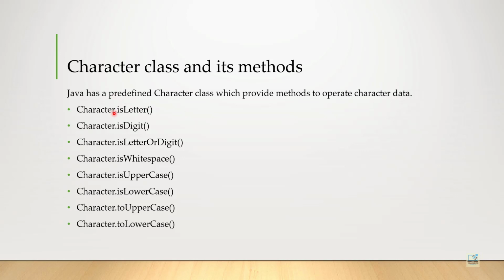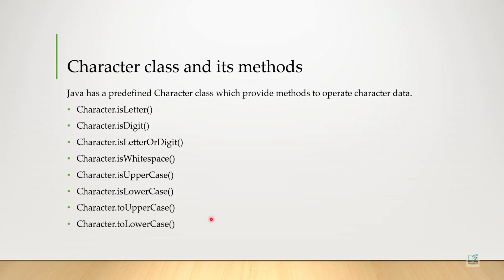Now there are two types of methods in the Character class. Most of the methods begin with the word is and a few of them begin with the word to. All the methods beginning with the word is are basically used to check something. So their return type is boolean, meaning they return true or false. You can remember that very easily.